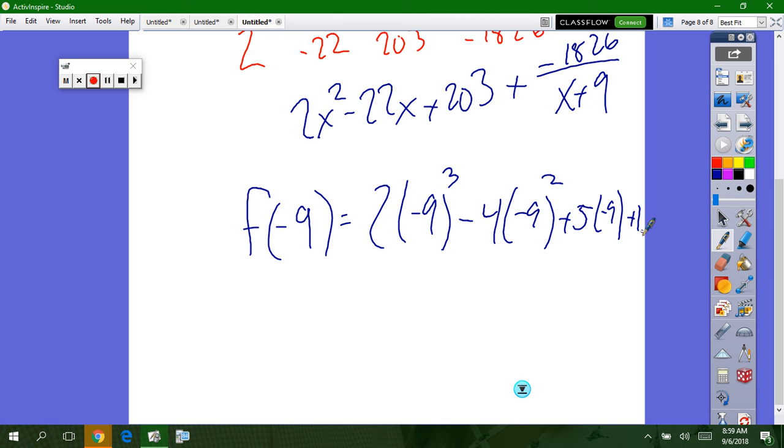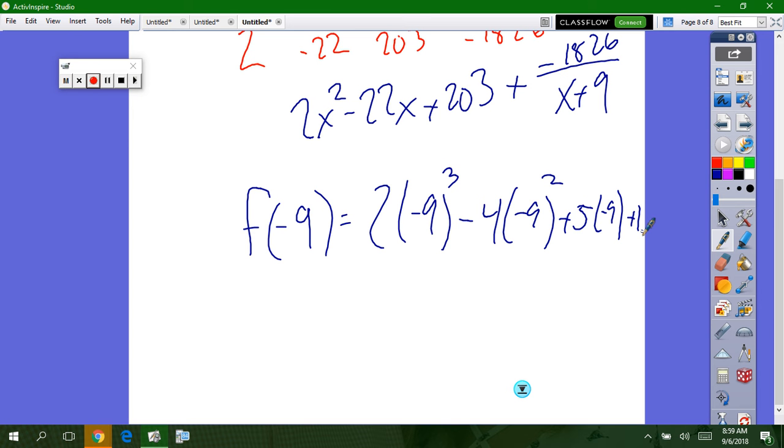Plug it in your machine. Hurry and tell me what it is. Didn't it come out to be negative 1826? Yeah. Okay.